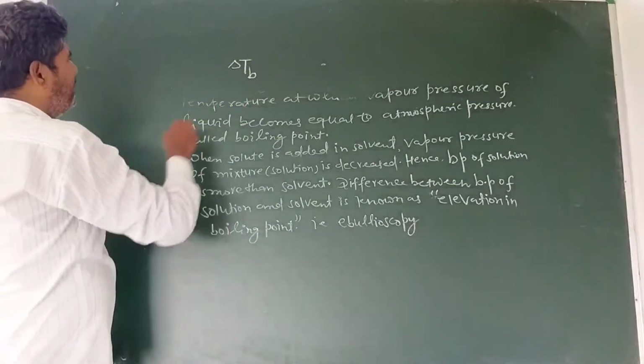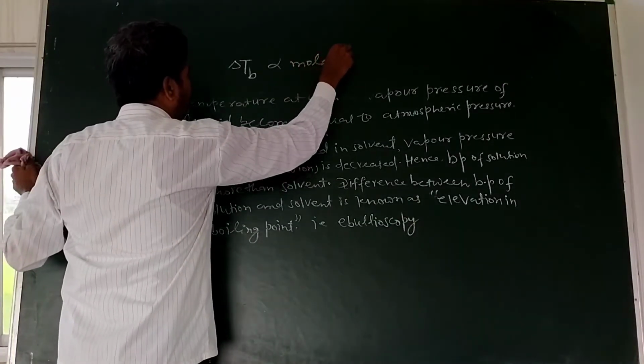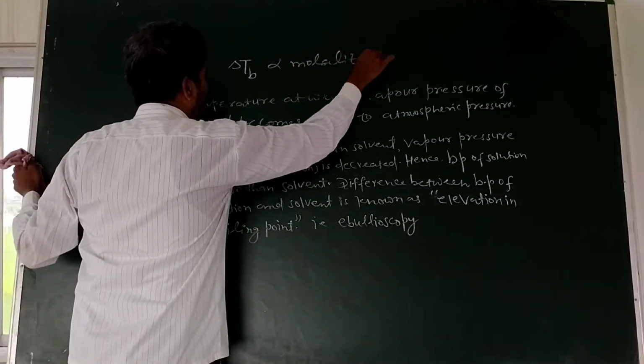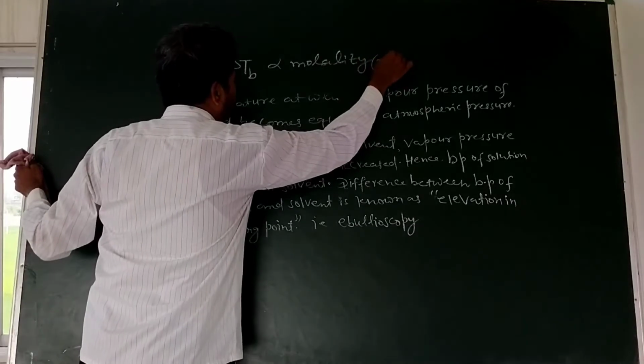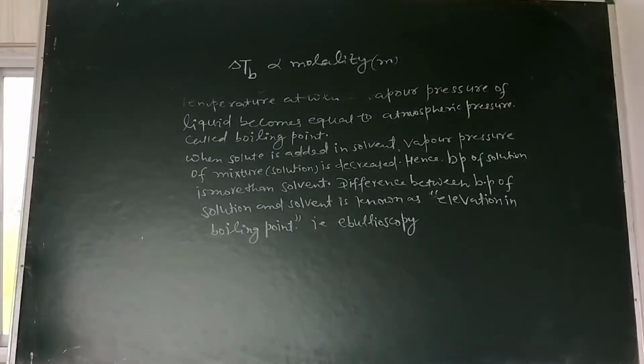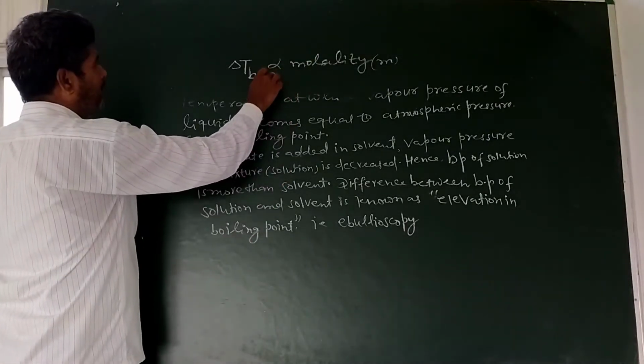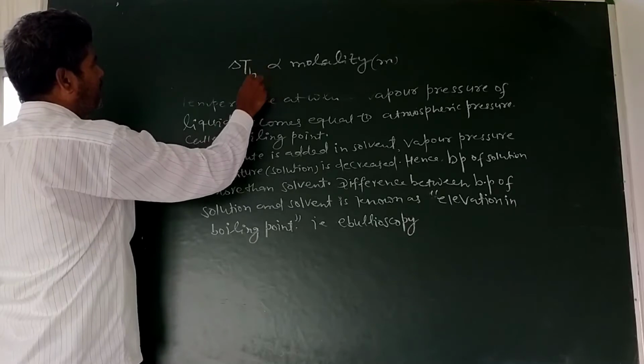Delta Tb is proportional to the molarity of the solution. To remove the proportionality, we use a proportionality constant.